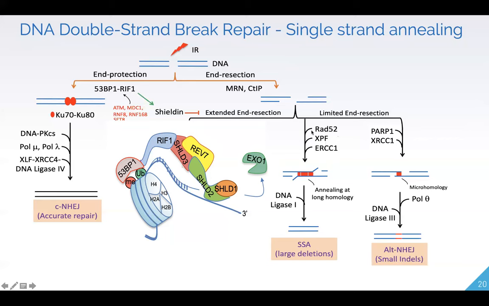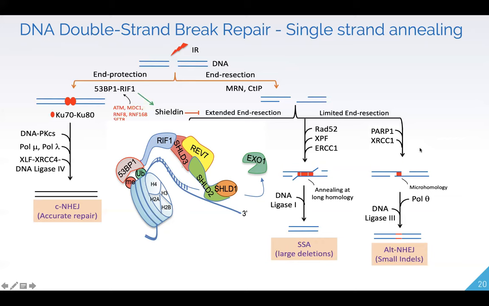Of course, it utilizes another protein called RAD52, and together they allow for the two ends to come together. But now the ligation depends on the presence of longer microhomology, and typically when repair happens through this mechanism, it results in the formation of large deletions. And so this process is called the single-strand annealing process because it depends on the long annealing between single strands at the double-strand break sites.